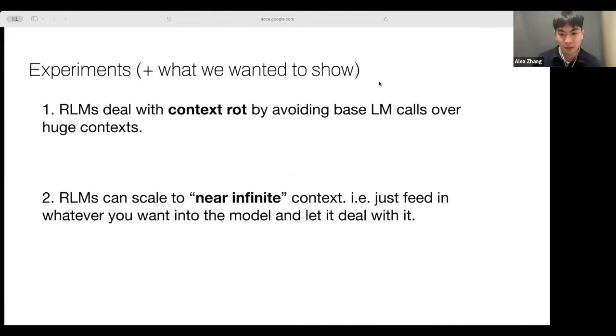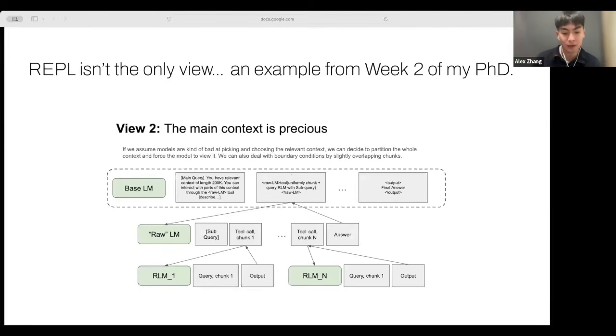And if I go back to this version that I was thinking of, it's kind of at odds with the bitter lesson thing I pitched before. The reason I say this is we want these models to have as much flexibility as possible in how they deal with the context.